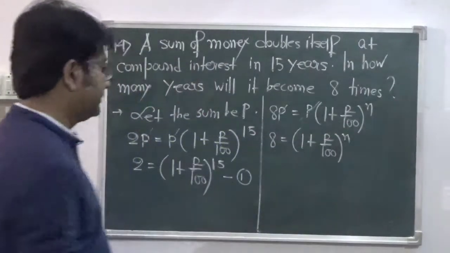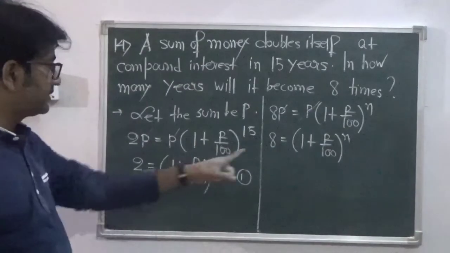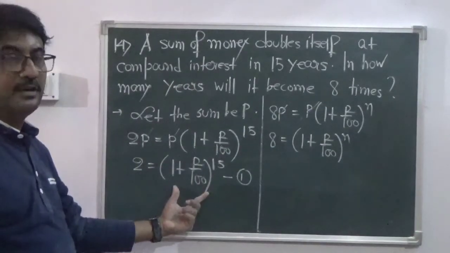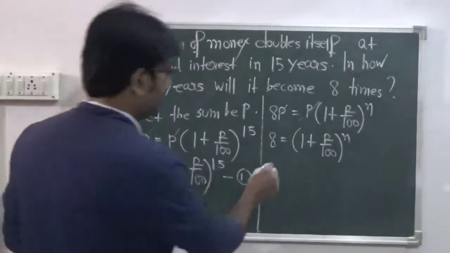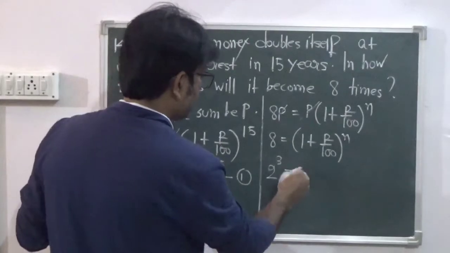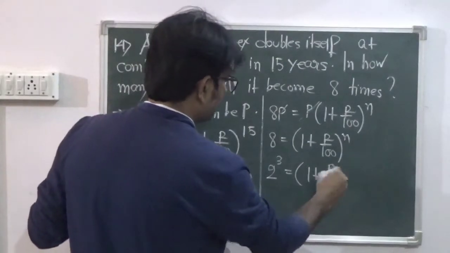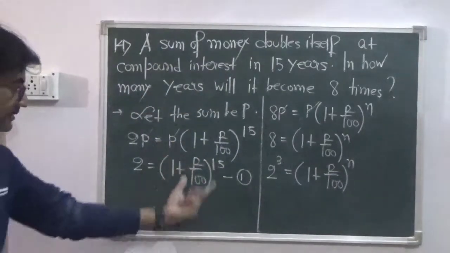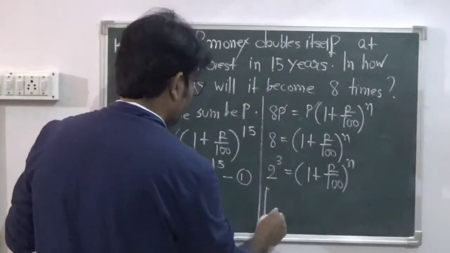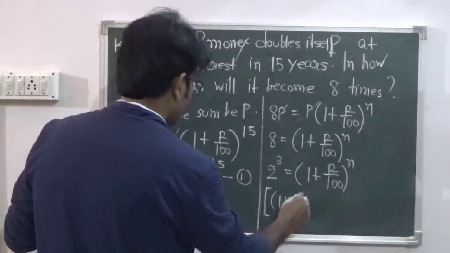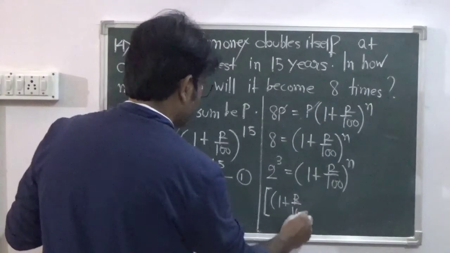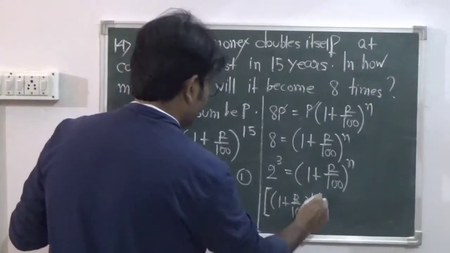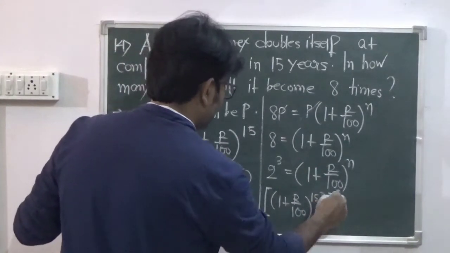We can write 8 as 2 to the power 3. So 2 cubed equals (1 plus r by 100) to the power n. Now in place of 2 we write (1 plus r by 100) to the power 15, all to the power 3.